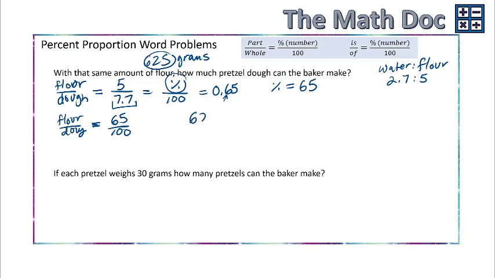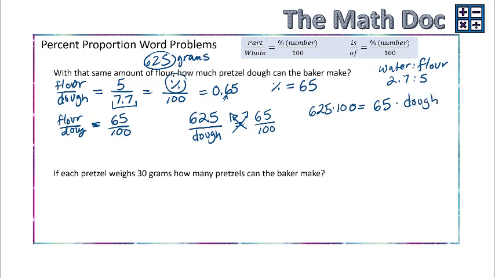Okay, so now let's figure out what happens when we have 625 grams. The ratio of that to the amount of dough, and I'll just write our variable as dough, is equal to 65 divided by 100. How do we figure out what dough is? Let's cross multiply. We have 625 times 100 equals 65 times the amount of dough.